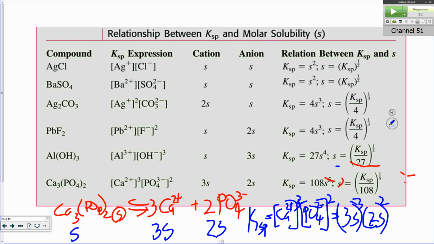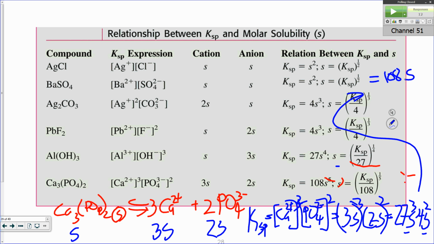So if I take 3S and cube that, I'd have 27S cubed times 4S squared. All right, I'm going to go up here and write. Equals 27 times 4 is 108. S cubed times S squared is S to the 5th. So that equals KSP.